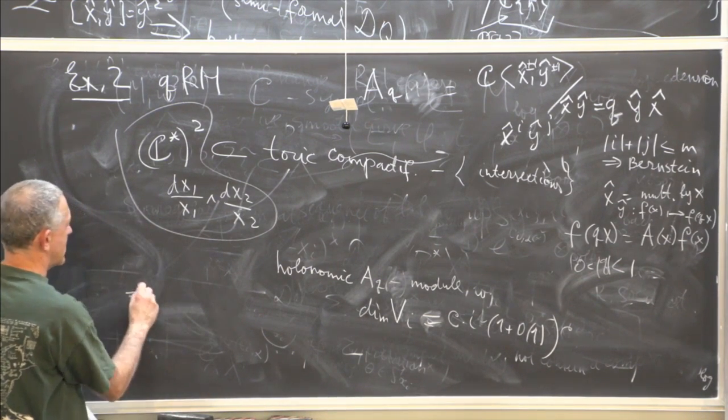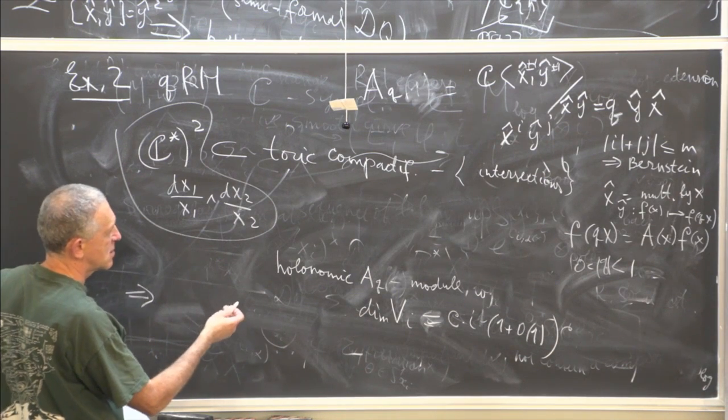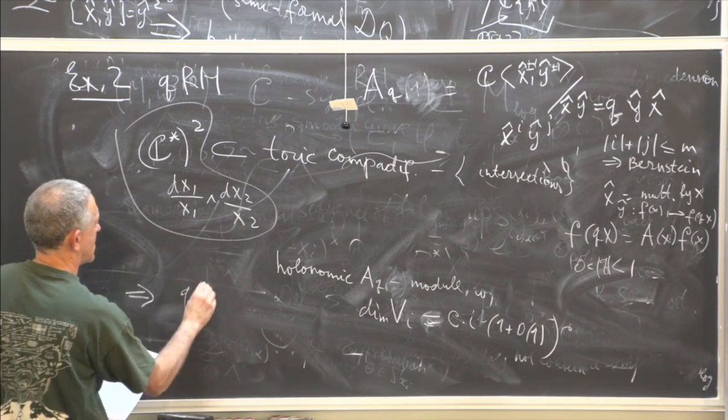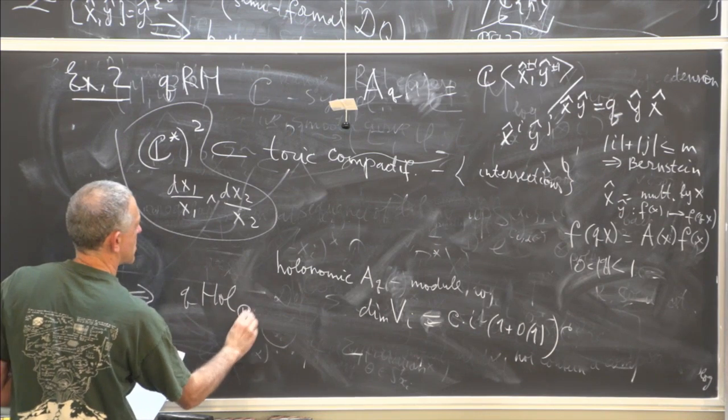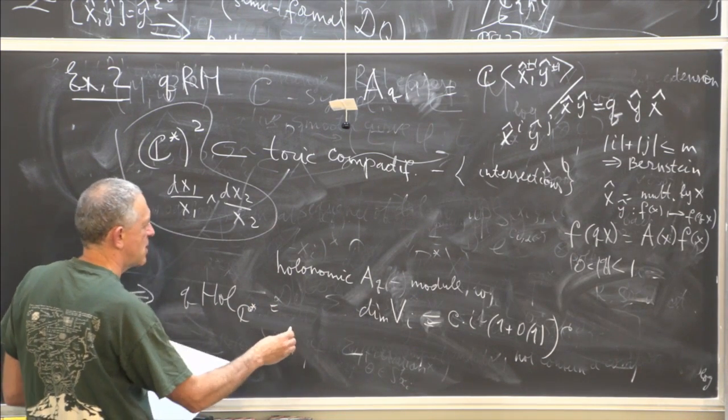So then we have a category of holonomic A_q modules. It's an abelian category.